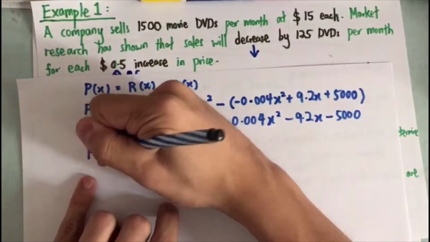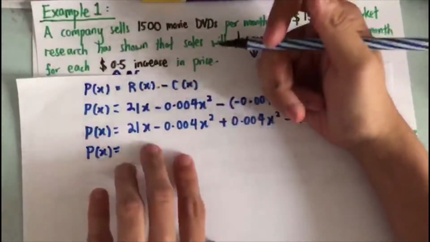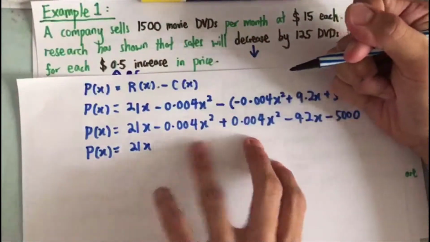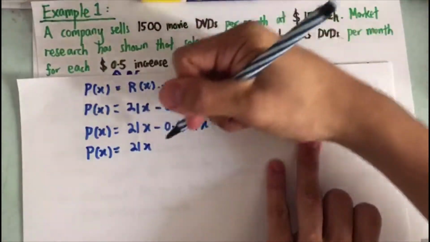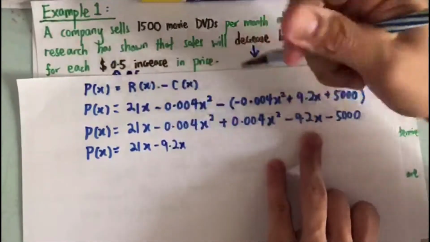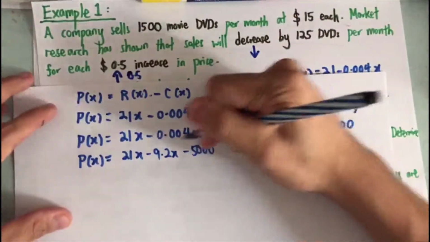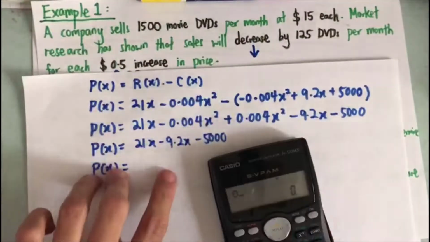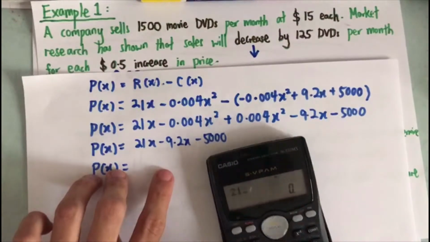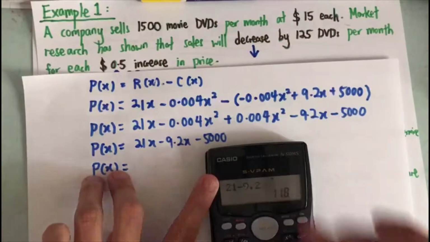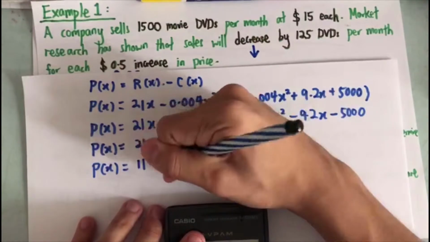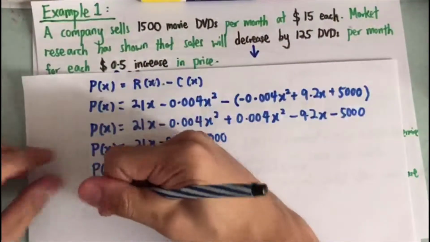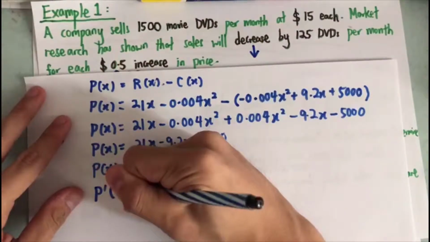And then simplify it. 21x, the x squared terms cancel, minus 9.2x minus 5,000, and then the profit function equals 21 minus 9.2, which equals 11.8x minus 5,000.